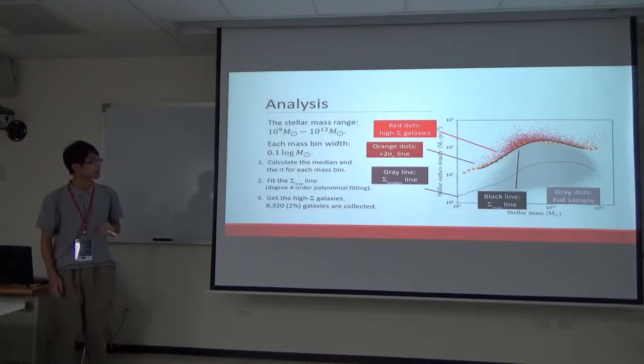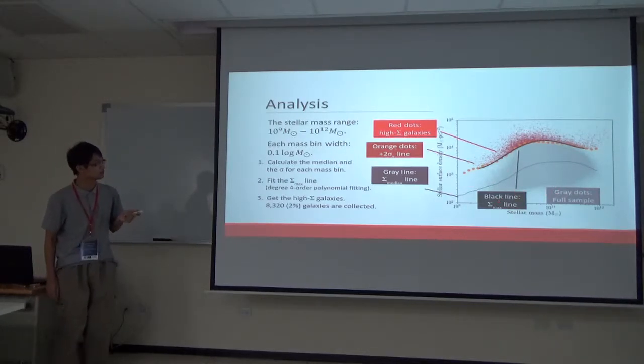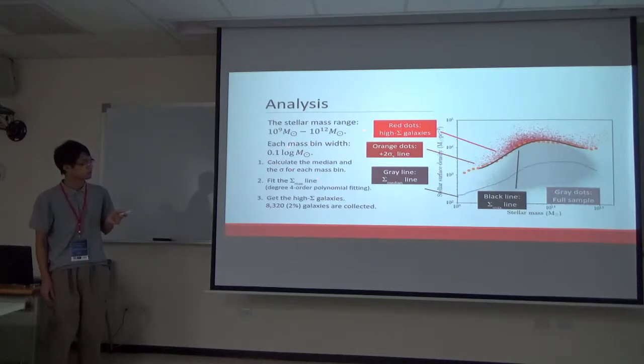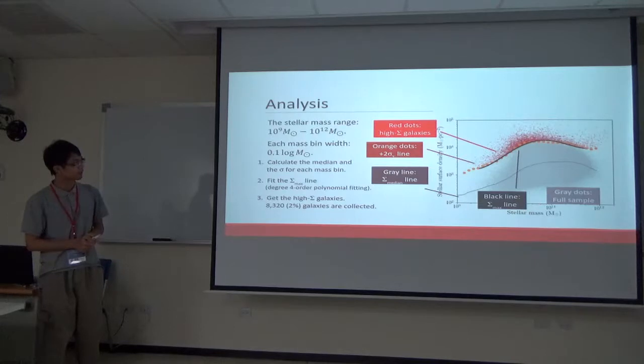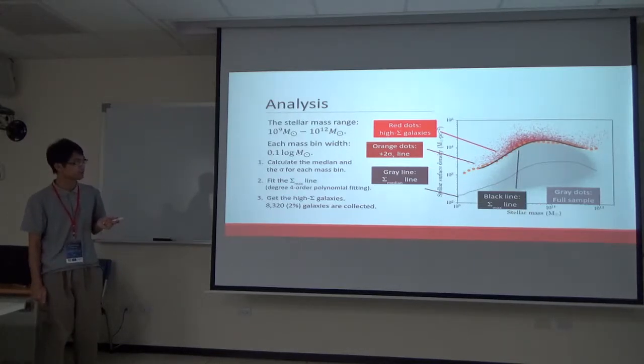The stellar mass range of galaxies is 10 to the 9 to 10 to the 12 solar masses. I divide this into mass bins of 0.1 in log mass and calculate the median and sigma of each mass bin, the gray line and the orange points.